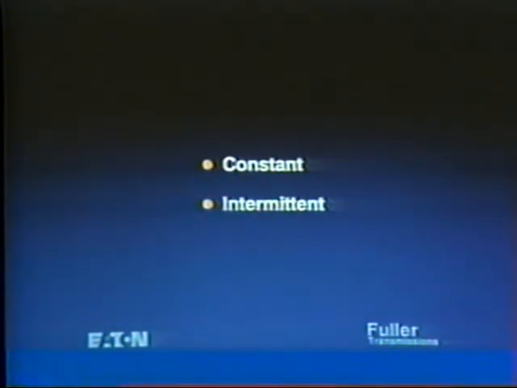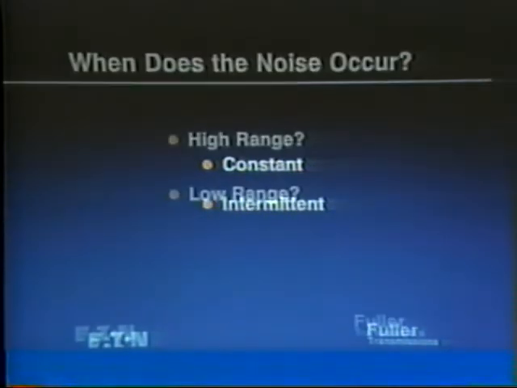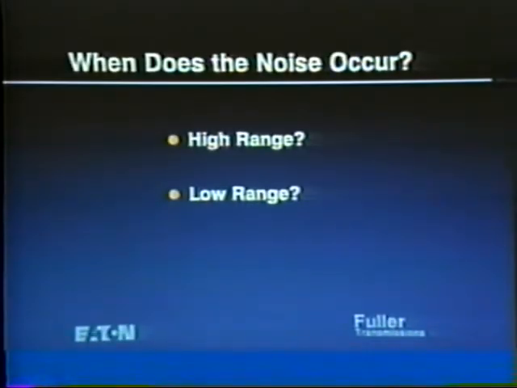Generally, a constant noise or vibration throughout the range of a particular gear position can be related to the transmission, axles, or bearings. In contrast, universal joint or propeller shaft noise or vibration is intermittent and present only at certain vehicle speed ranges.